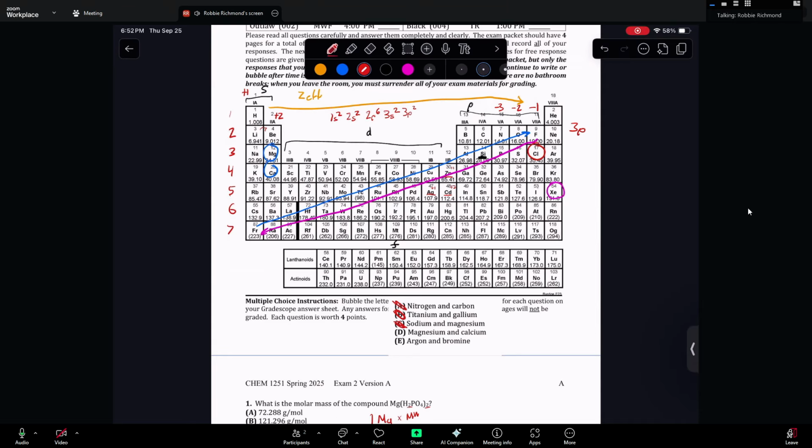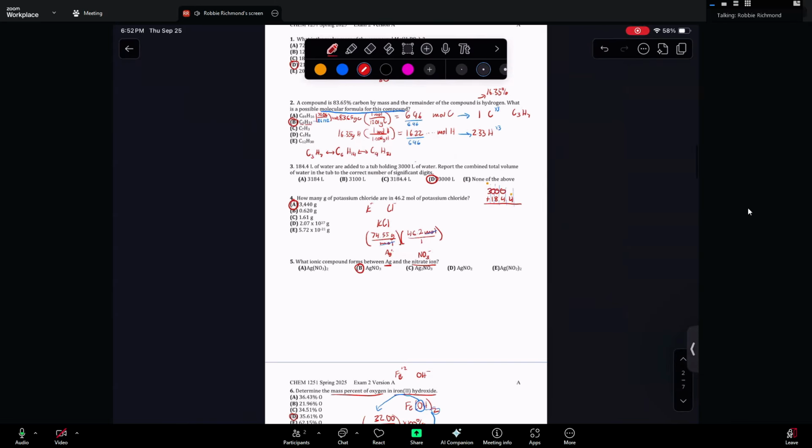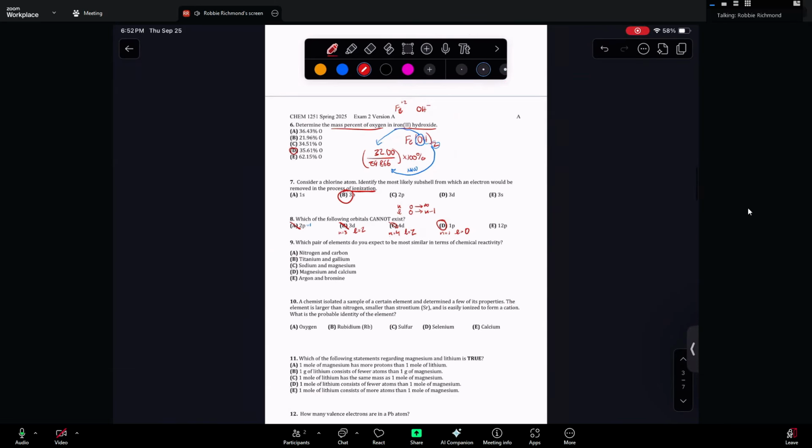So that's our answer choice, but let's look at answer choice E to just process of elimination and make sure that we got the right answer and came to the right conclusion. Argon and bromine. Argon's a noble gas and bromine's a halogen. They would not have very similar chemical properties to each other. Answer choice D.